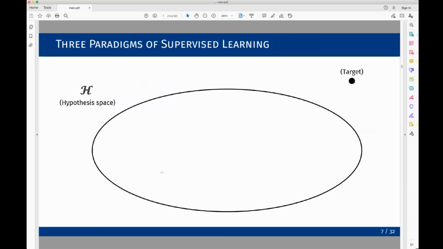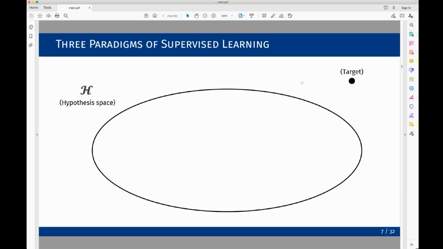If we study these learning problems, there are several questions we can ask. We can roughly put them into 3 categories, which we usually call the 3 paradigms of supervised learning. The first thing is that we have a target functional H star, and we use recurrent neural networks to specify a hypothesis space H hat.